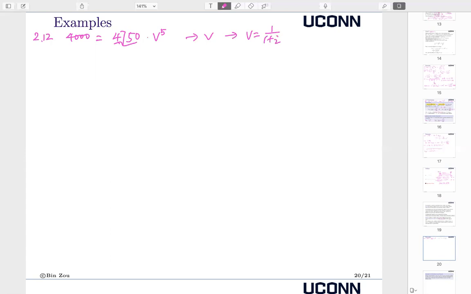Okay, the next one, 2.13. Connie buys an annuity immediate from an insurance company. Connie pays 300,000 in return, receives level payment of X at the end of each year for the next 15 years. The annual effective interest rate is 6%.